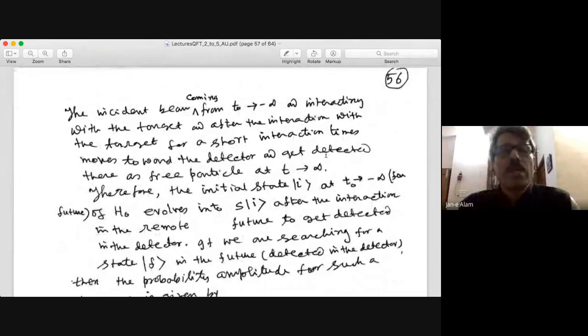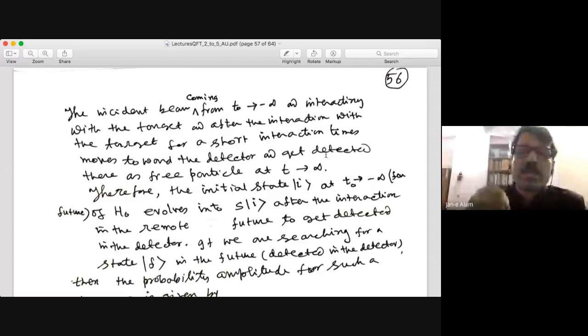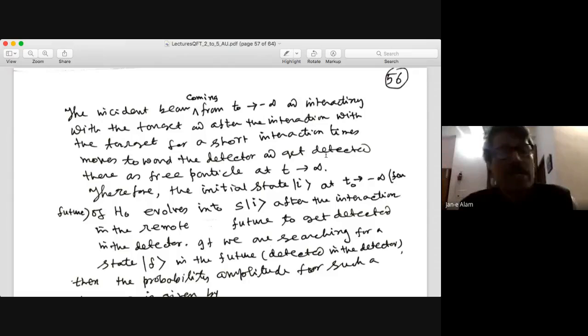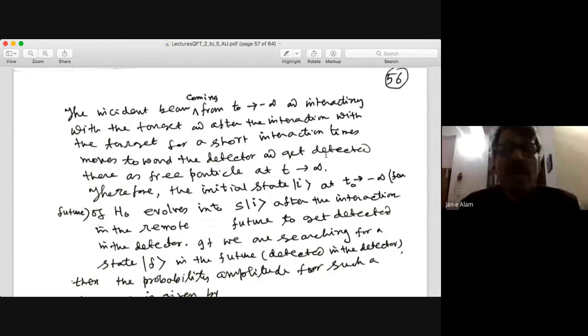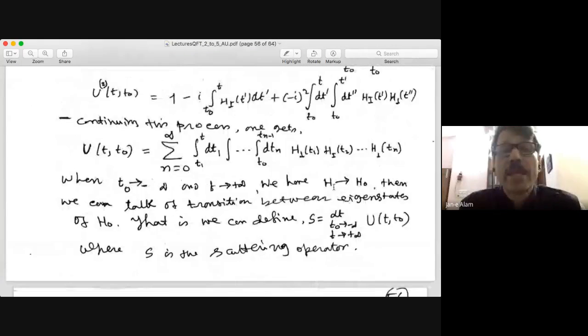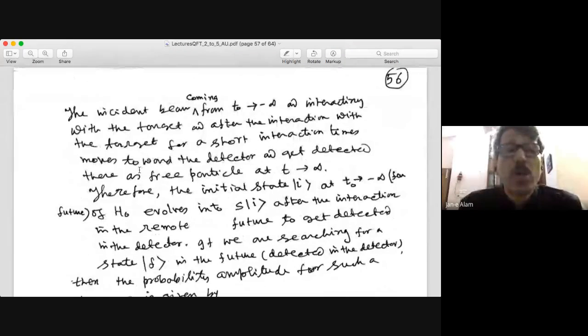So you see the incident beam, coming from t_0 to minus infinity, by which I mean the remote past, interacts with the target for a short time, and then that particle moves toward the detector and gets detected at t tends to infinity. This entire evolution I can study by taking this particular limit of this vector. This is what we want to do here.